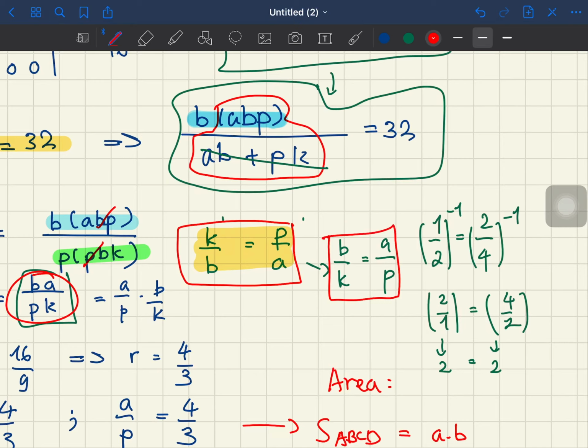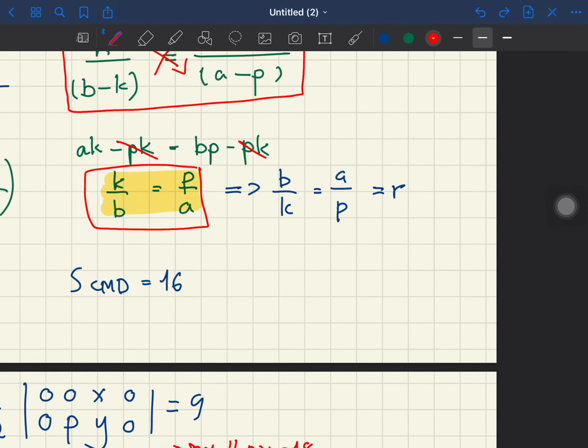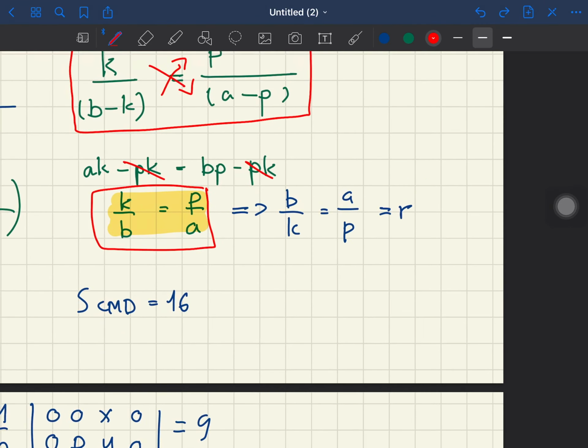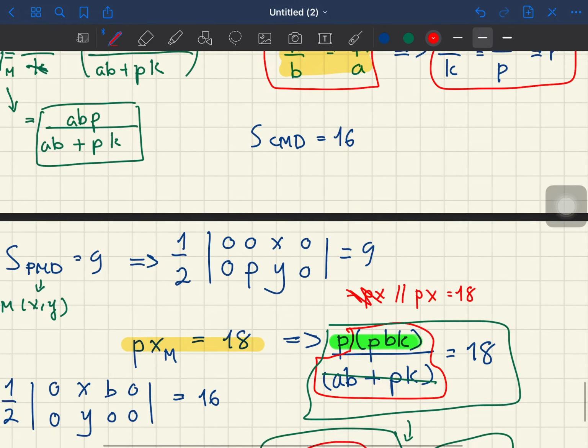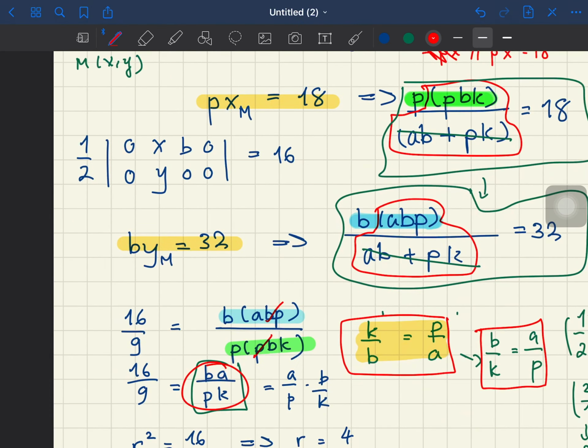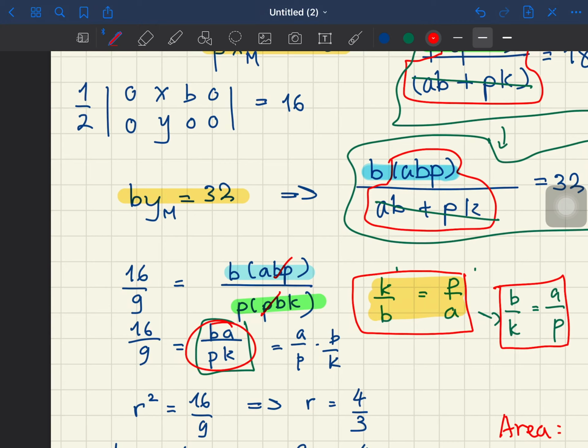And then, surprisingly, we have BK here multiplied with AP. They are just the same. So we don't have to substitute them with this fraction. Instead, as you can see, the blue one, which is on the top here, I use the ratio r, okay? The ratio r here, so that my work appears to be a lot easier. You see, just use r and then times r, you'll get r squared equals to 16/9, and then r equals to 4/3, like so.